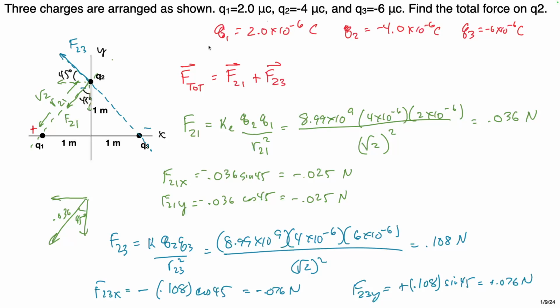I'm confused. For F21, we got 0.036, but then for F23, we got 0.108. But we do the same thing. But they're different charges. 4 microcoulombs, 6 microcoulombs. The other one was 4 microcoulombs and 2 microcoulombs. Okay to be confused, where are you confused?